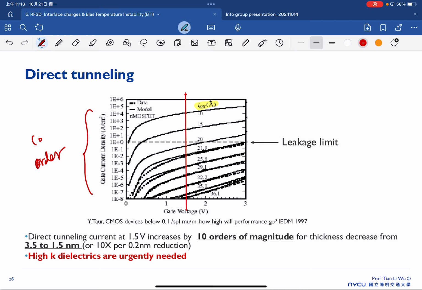But if we decrease thickness, we face the leakage current issue. On the other hand, if we increase the dielectric constant, then we probably don't need to further decrease the thickness, because we can keep the same thickness but still make the transistor have a higher output current. So that's why we need the high K dielectric as well.